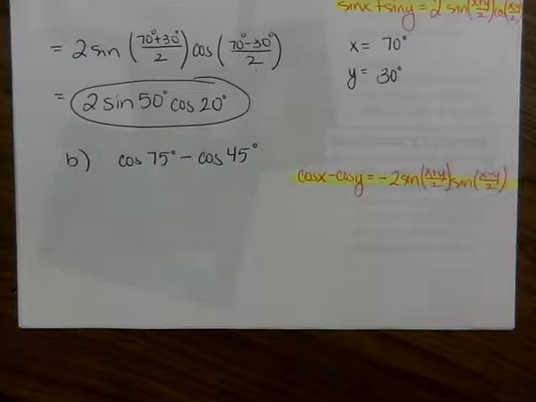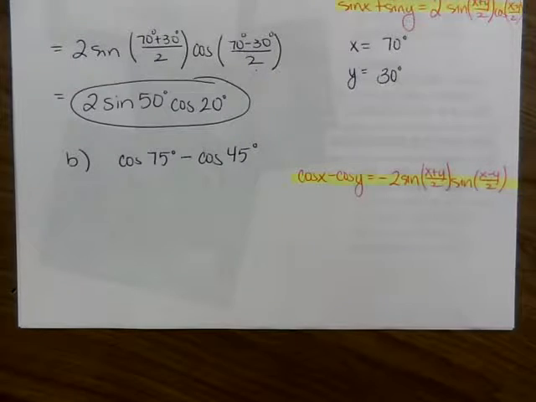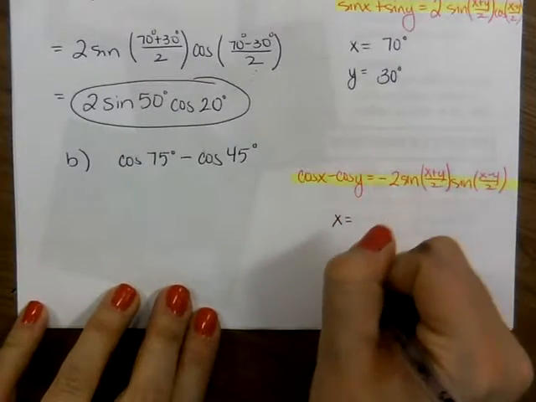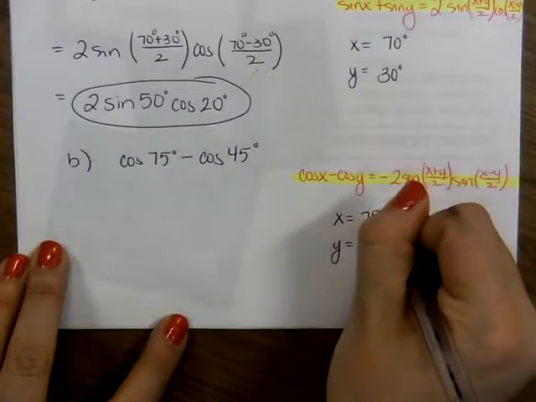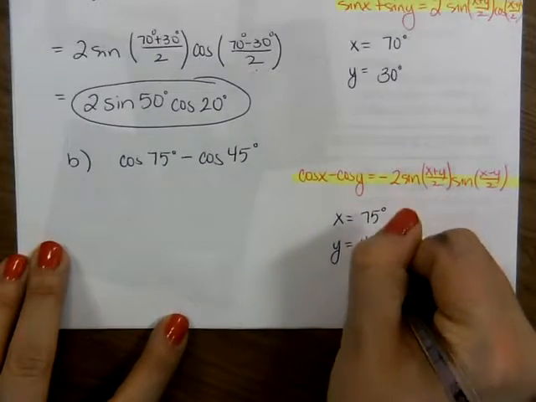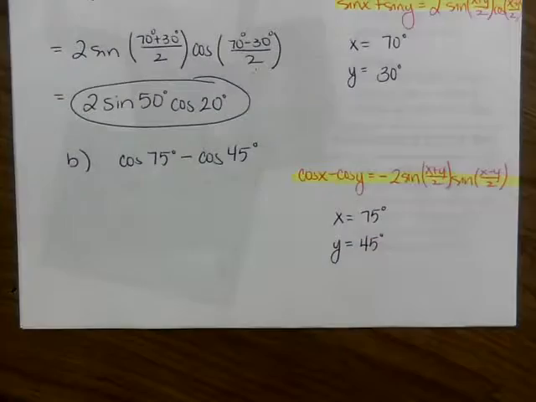Okay. Again, first step would be to identify what x and y are. So what is x? 75 degrees, and y is 45 degrees. And now we're going to substitute it in.